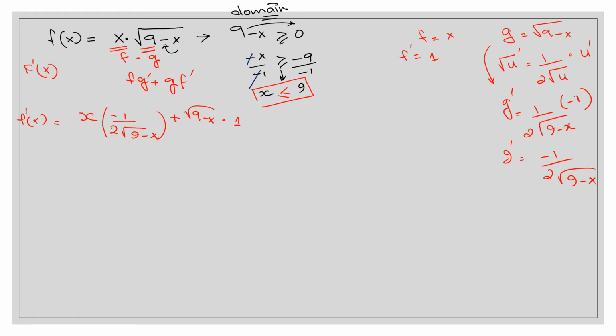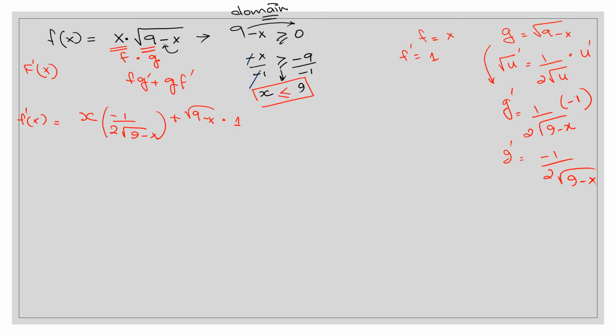I'm writing all the steps so that it would become convenient to understand each and every step. Now it is a normal product rule.